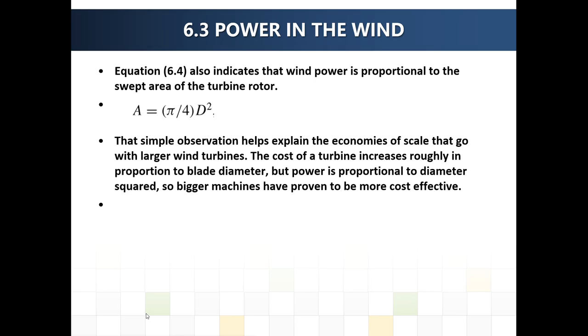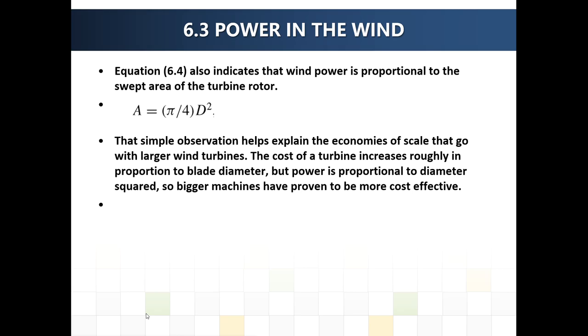Equation 6.4 also indicates that wind power is proportional to the swept area of the turbine rotor, A. Area is the cross-section area. For a given wind speed, A, the cross-section area, is equal to pi divided by 4 multiplied by the diameter squared. And this shows the economics of scale with wind turbines.